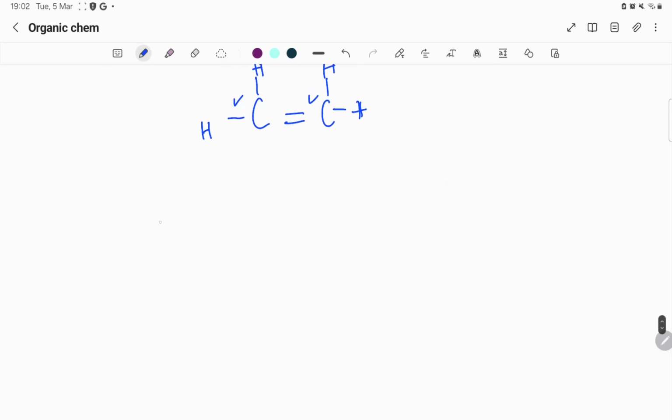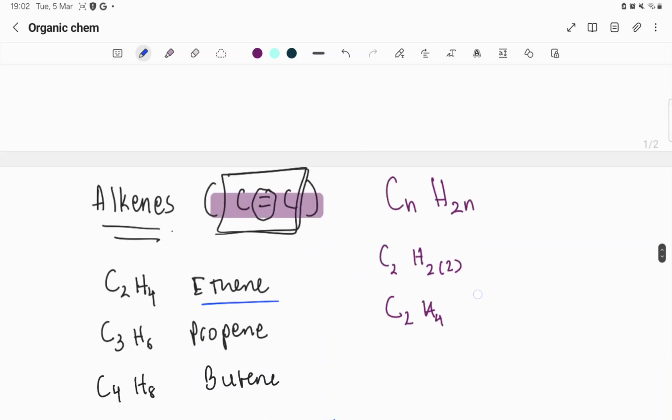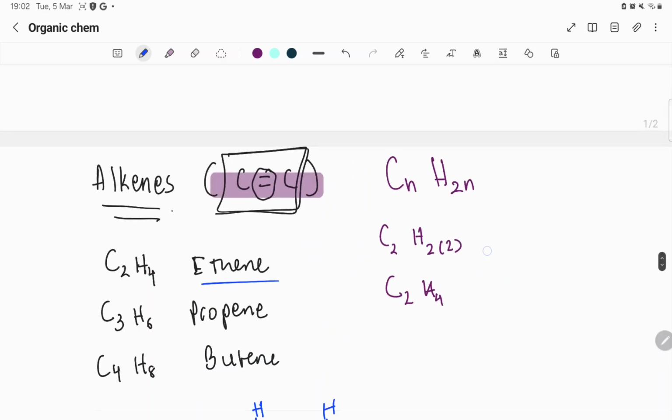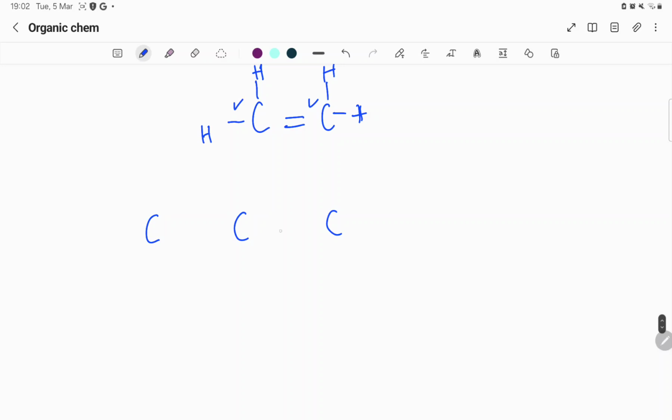Now let's try propene. Once again, you're going to draw the number of carbon atoms that you have. Then you will put a double bond between two of them because you need to have this existing in your compound. You can put it here, you can put it here, it doesn't really make a difference. So I'm going to put it here. There we go. And then a single bond here. Now, once again, 2 already over here, so you're going to have only 2 here.